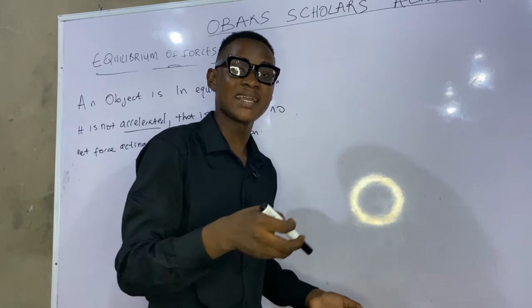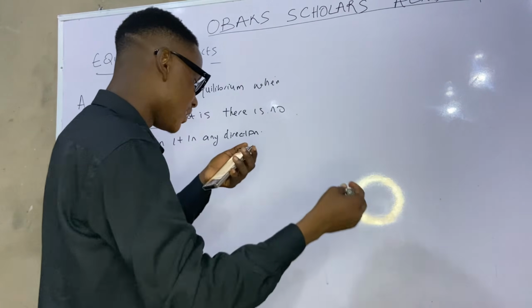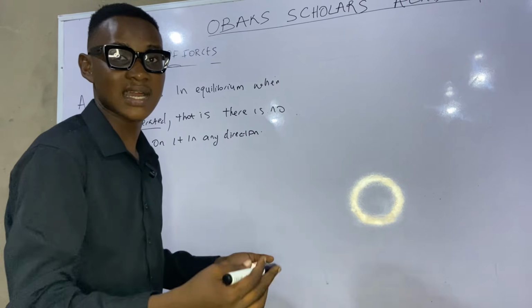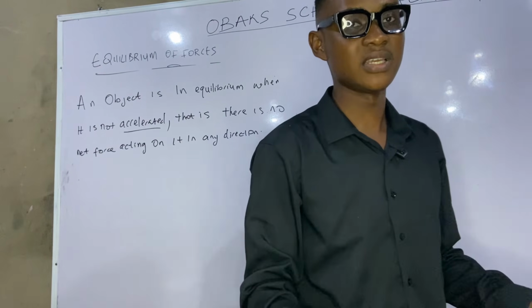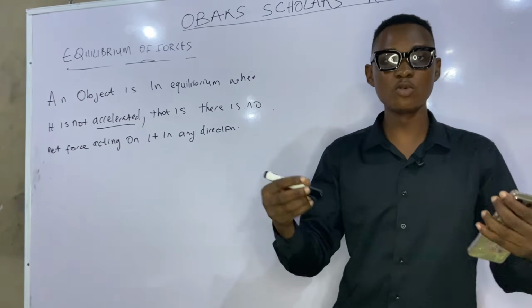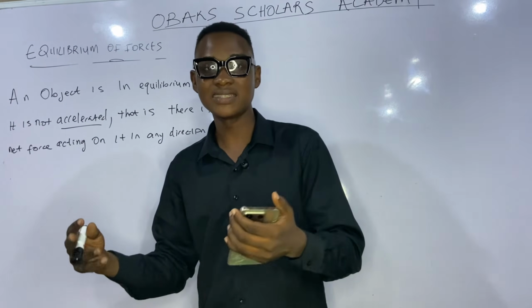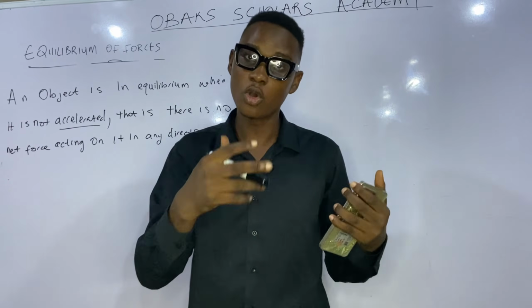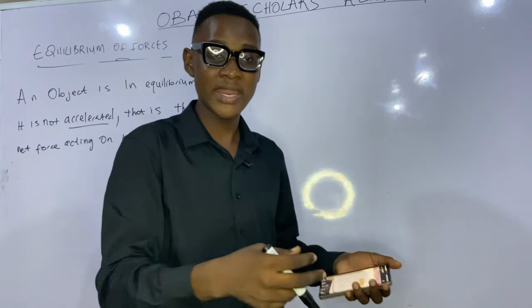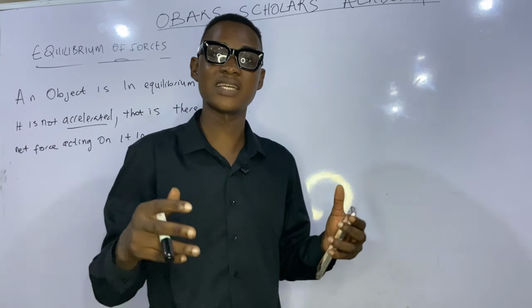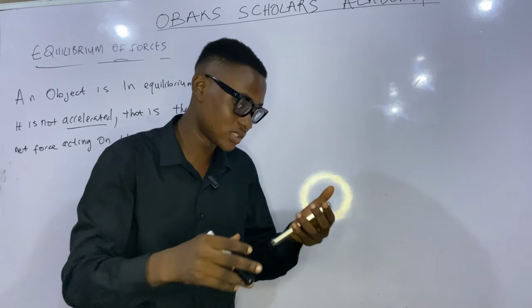Or it might be moving with constant velocity. And if a body is moving with constant velocity, that means the acceleration of that body is zero, because for any body moving with constant velocity, the acceleration is zero.